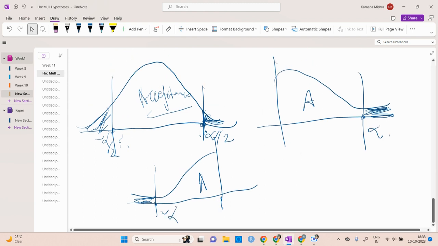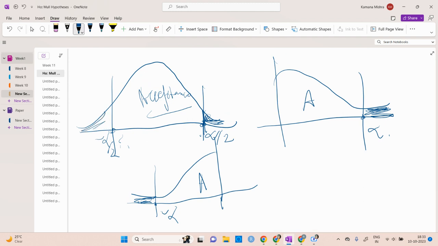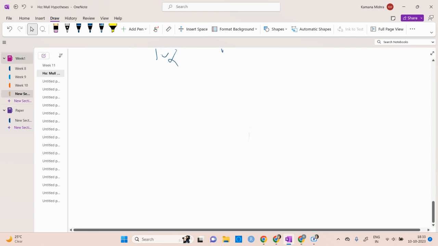So these are the acceptance region and these are the rejection regions. These are the points denoting the critical region. If the value goes beyond that, then it will lie in the rejection region, right? So this is basically the acceptance and rejection region.